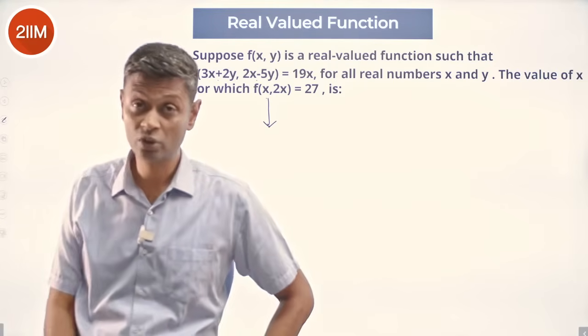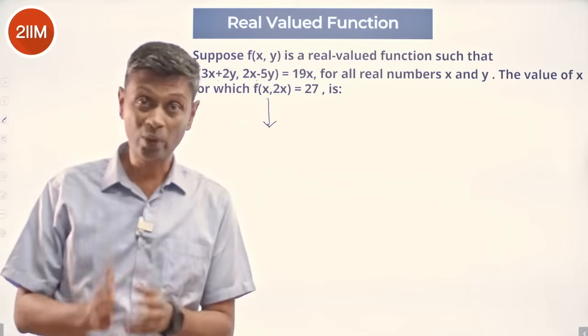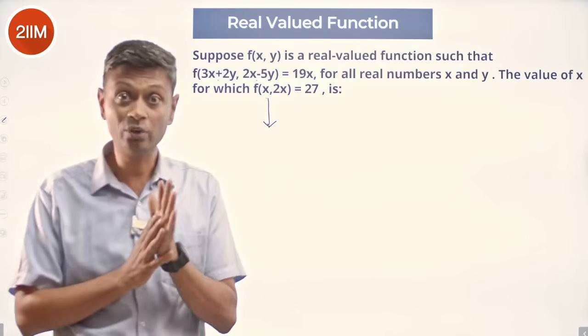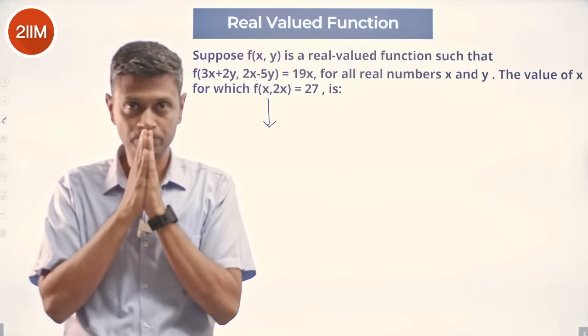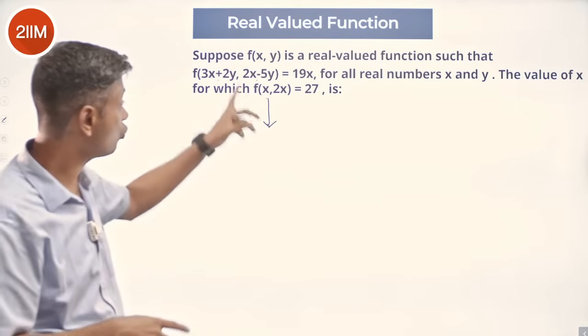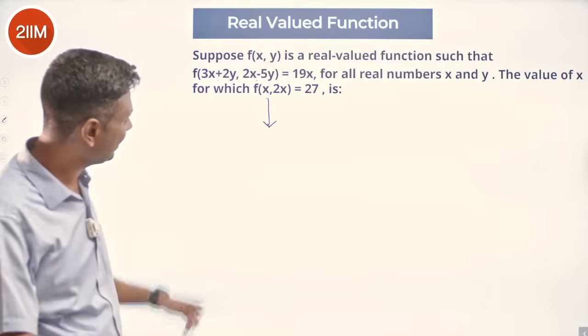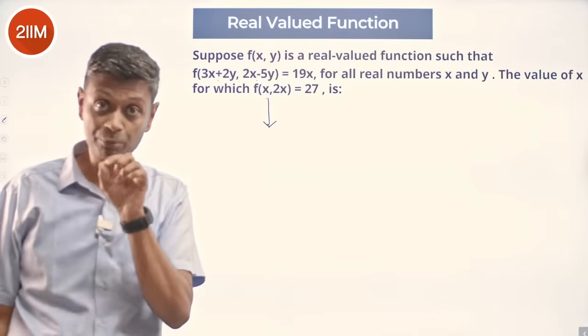I'm going to say this whole idea that f of x comma 2x is 27 works in the scenario where there is some x and the second part is twice of that. This formula involves only x, and this comes to 27. I can manipulate everything in terms of x.